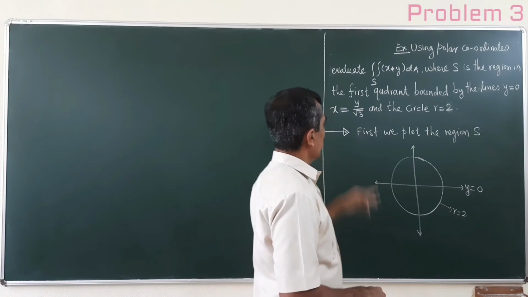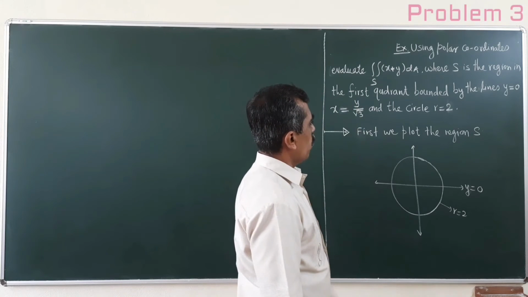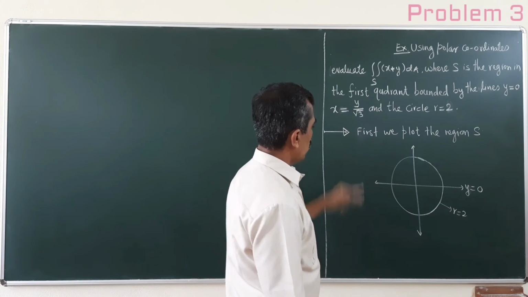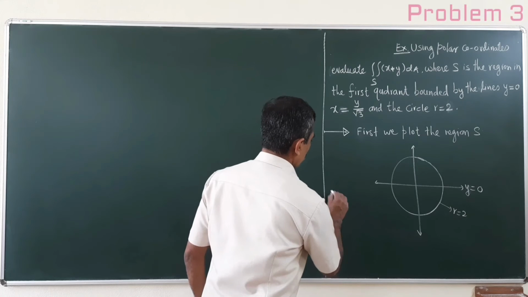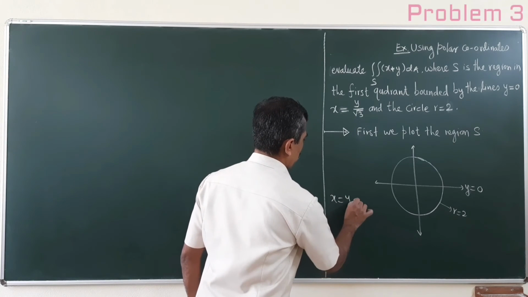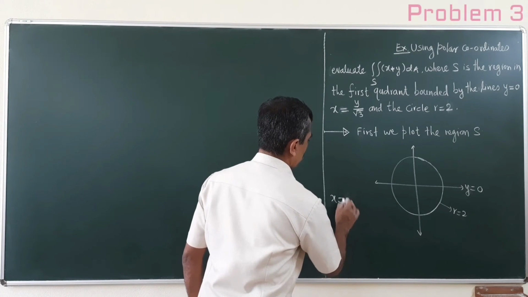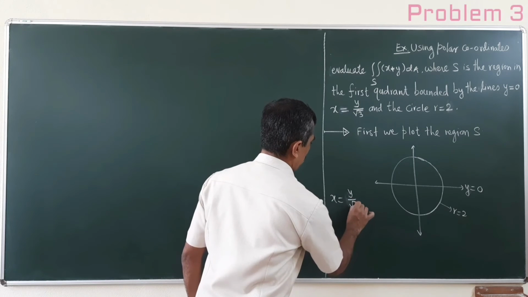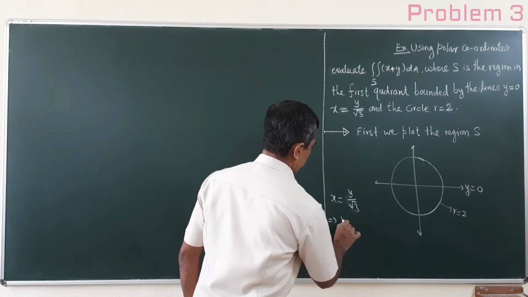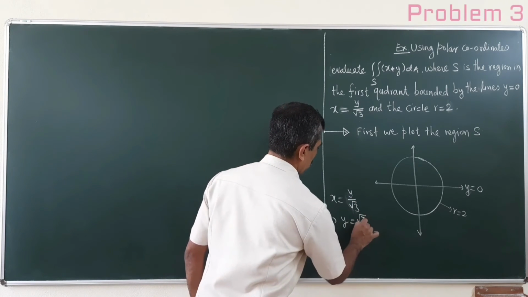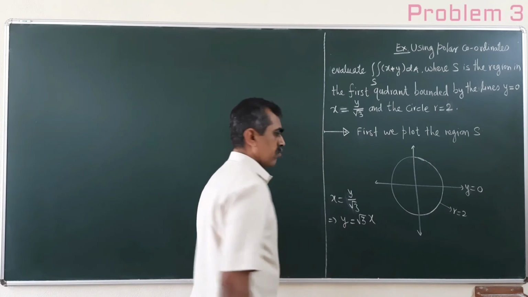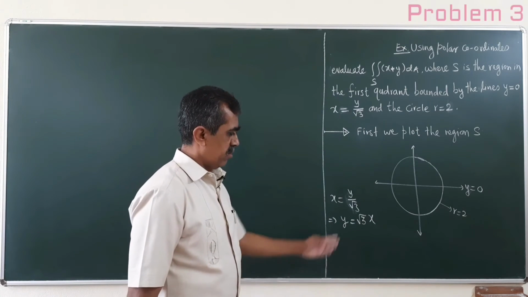Now x is equal to y upon root 3. This implies y is equal to root 3 x.